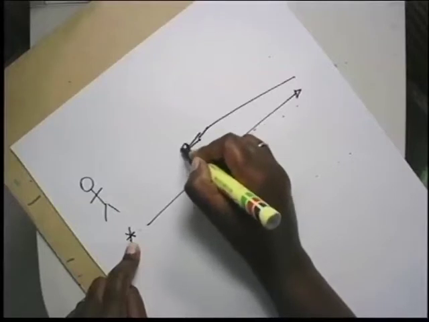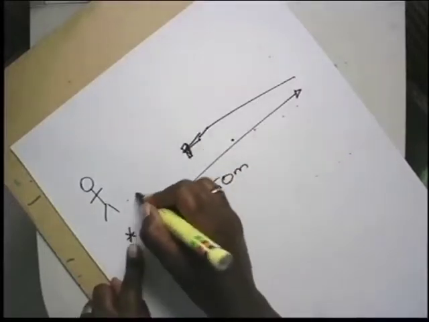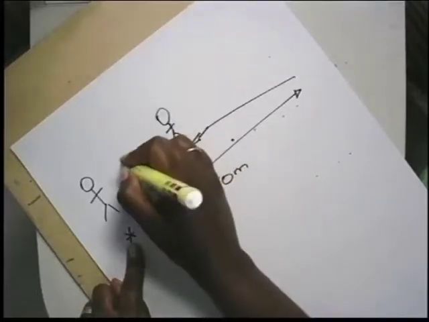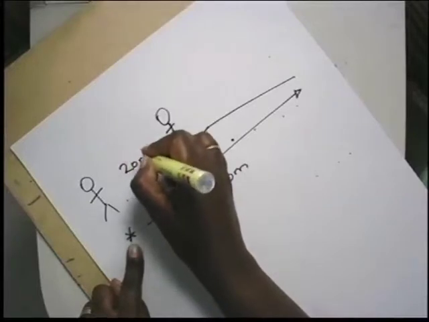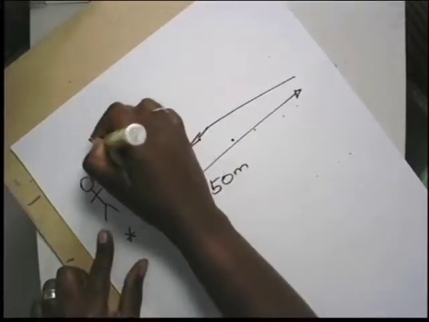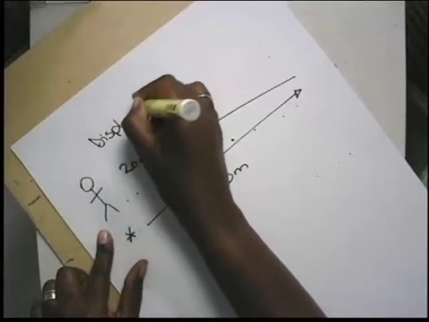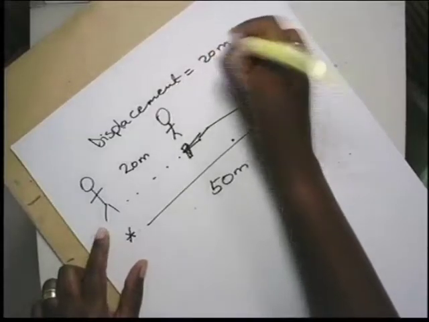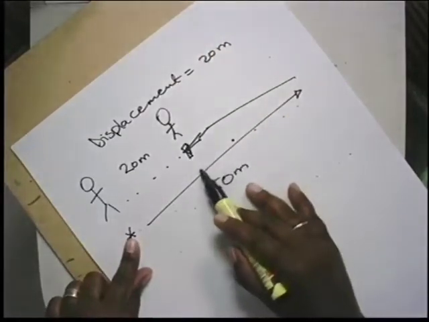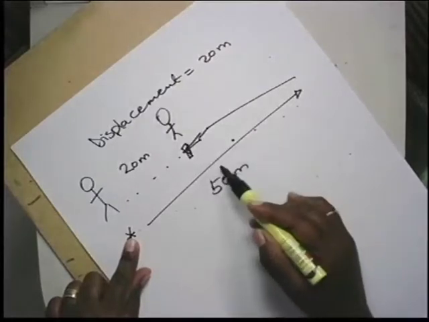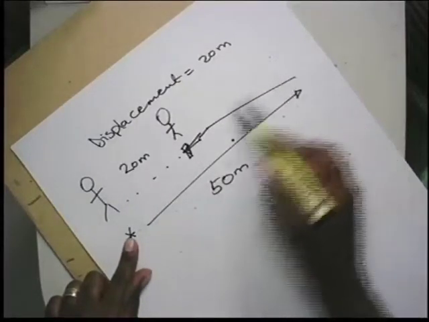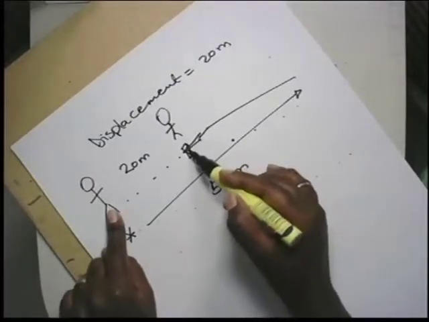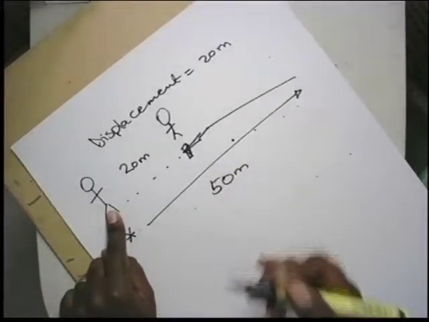From where he started to where he ended up is only 20 meters. So we say his displacement is 20 meters, because from where he started to where he ended up, that is 20 meters. We are not counting the whole total distance that he traveled, but we just look at where he started and where he ended. That's why we say displacement is just a change in position.